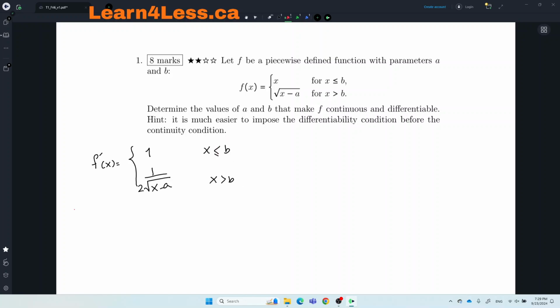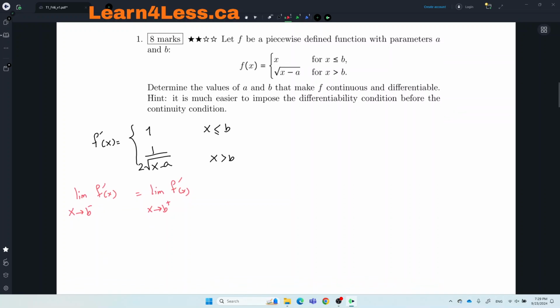So we check that the limit of f prime of x as x approaches b from the left is the same as the limit of f prime of x as x approaches b from the right. If these two are the same, it means f prime is continuous, which makes f differentiable.